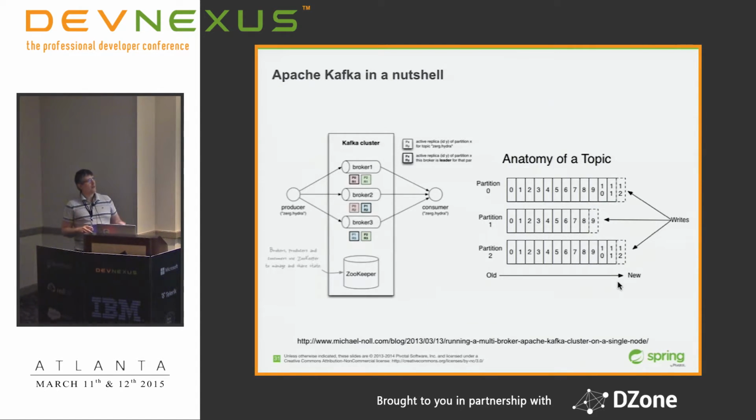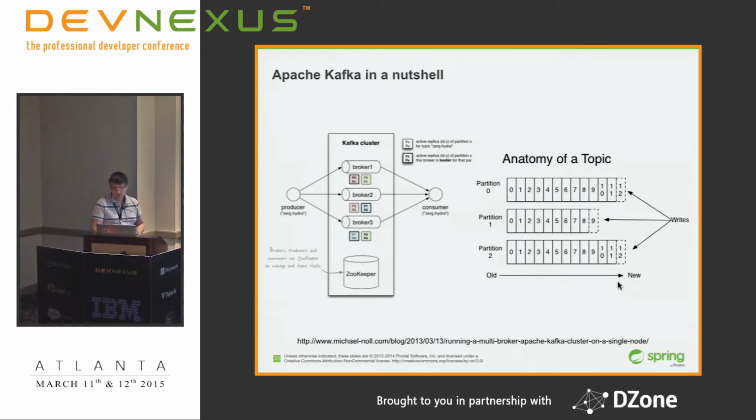One of the things that is interesting is that data is highly partitioned between the different brokers for both failover and for performance. So basically, you can have a consumer listening to one broker on one partition, and another consumer listening to another broker on another partition, and so on.